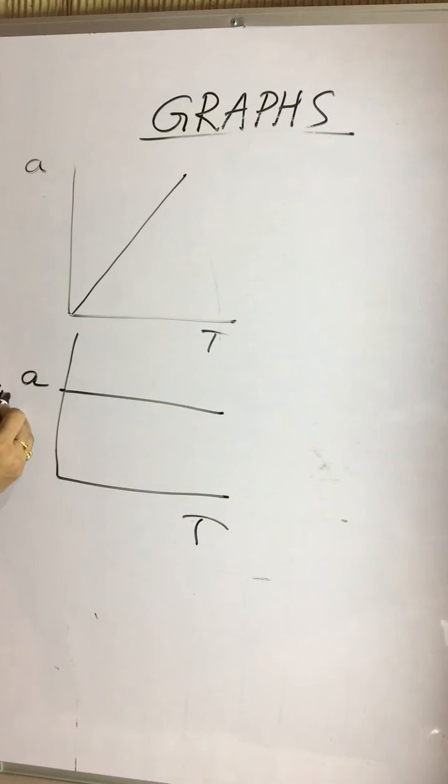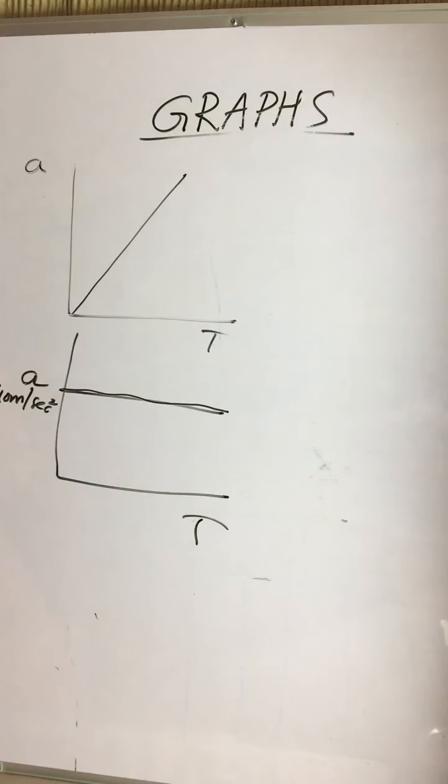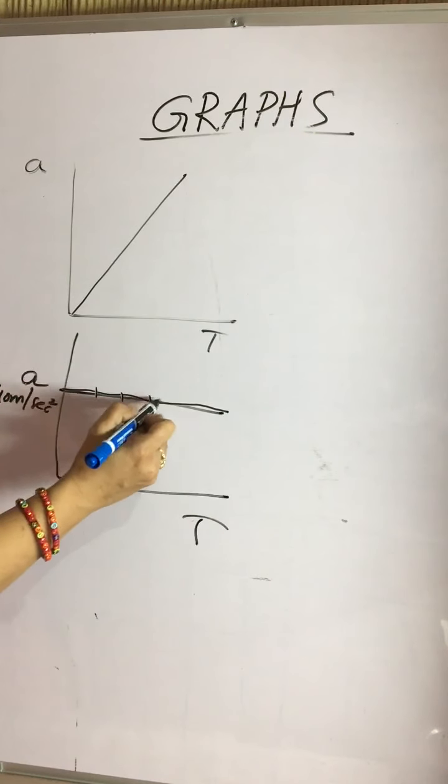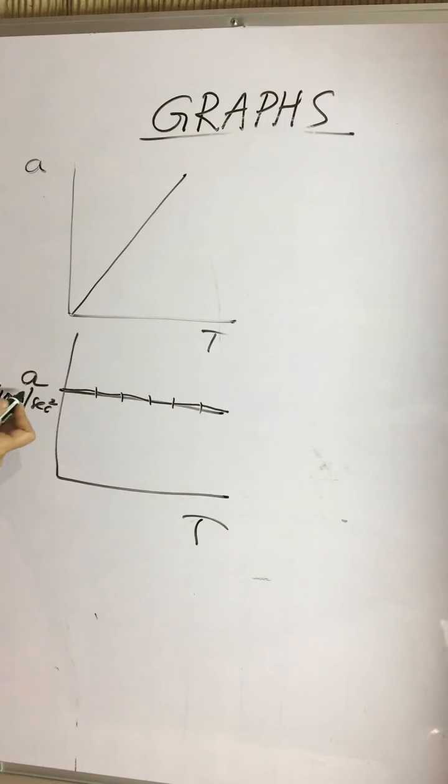Whatever it is, 40 meter per second square. But acceleration is there. Uniform acceleration means the acceleration is there, but it is the same everywhere. As the time goes, the time is 1 second, 2 second, 3 second, 4 second, but the acceleration is the same. So this shows the uniform acceleration.